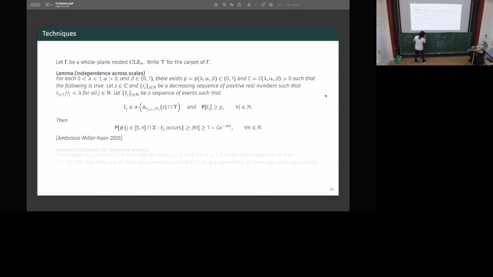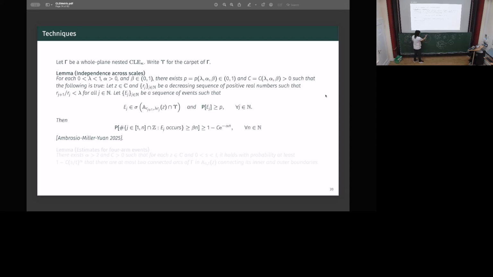One is the independence across scales, which roughly says if you consider a sequence of disjoint, concentric annuli, and you have events E_i, E_{i+1}, things like this, and you require the events depend only on configurations inside these annuli.